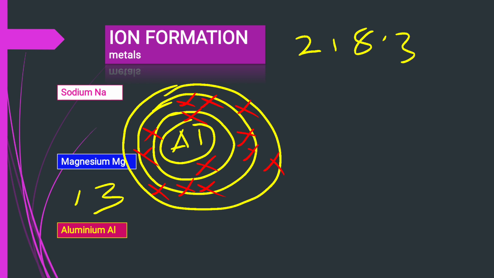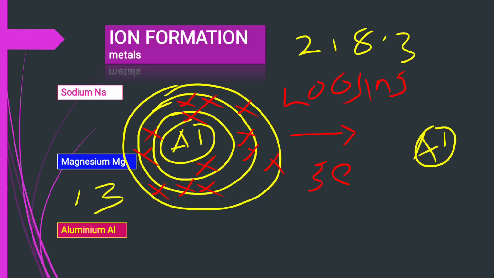So that is the aluminium atom. It will form an ion by losing 3 of its electrons in the outermost energy level, so that now it forms an aluminium ion.